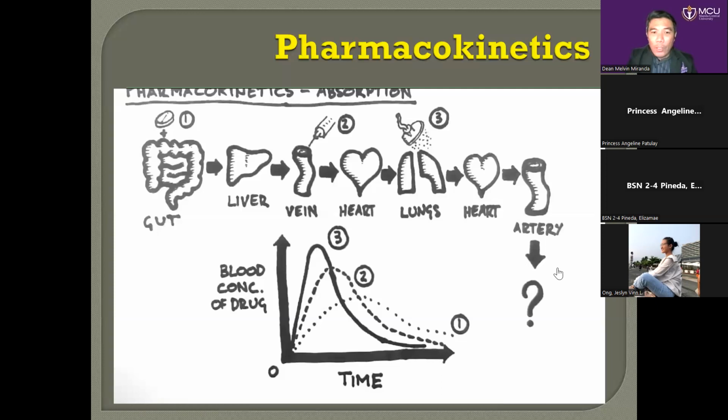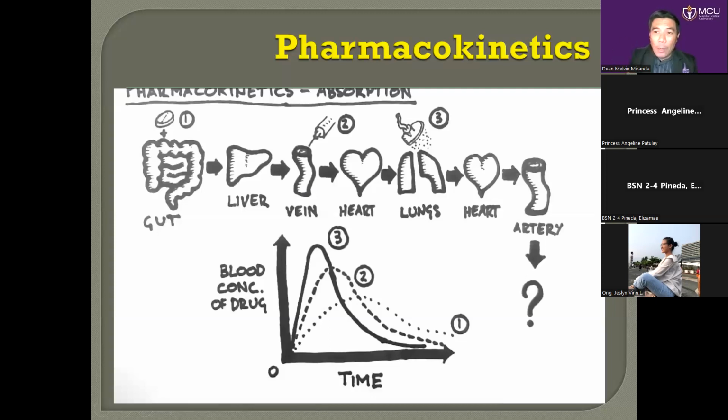But it has an effect on the time because of its route of administration. Just like what we have mentioned here, we have a longer time to reach the peak concentration level for the oral route, simply because it will still pass through the gut then the liver. Compared to the intravenous, it already reached the peak concentration level immediately compared to the oral, because it directly reaches the plasma.